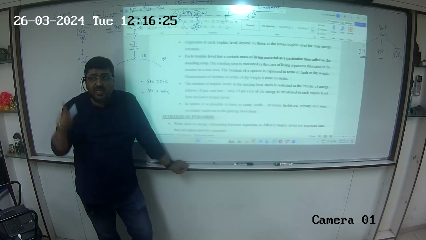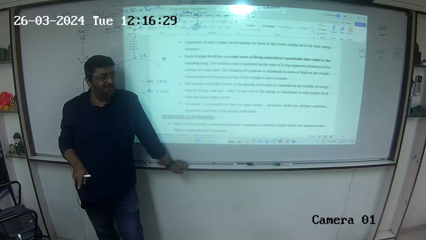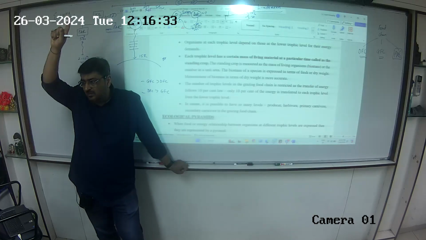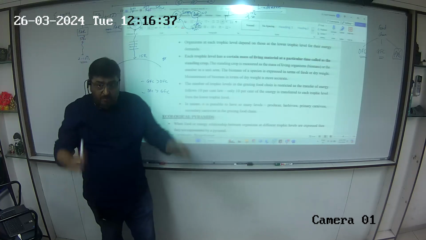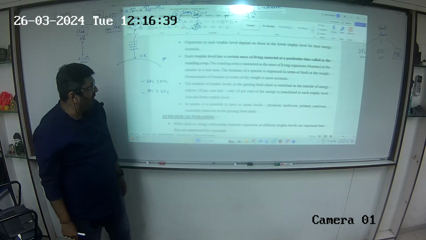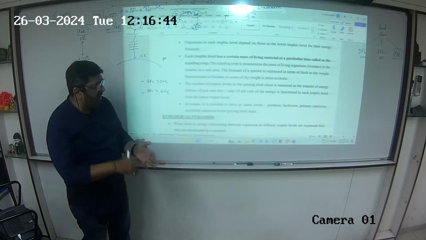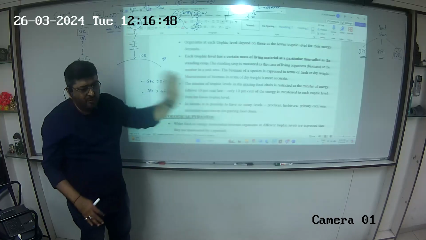So that's why in an ecosystem, the largest in number are always plants, and the lowest in number are always the top level predators. Right? That is called the pyramid of numbers. So in nature it is possible to have so many levels: producer, herbivore, primary carnivore, secondary carnivore in the grazing food chain.